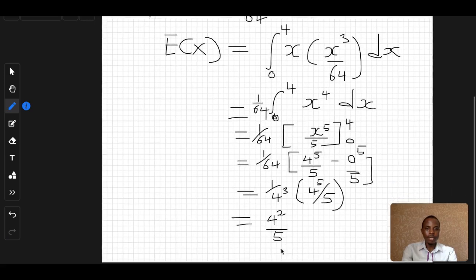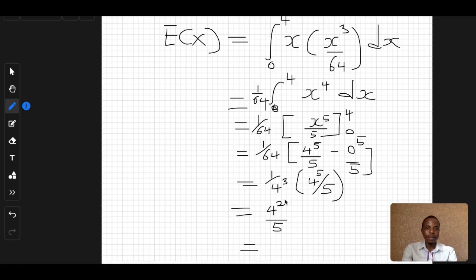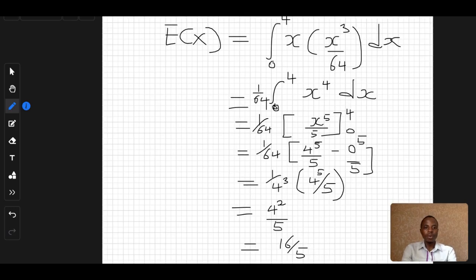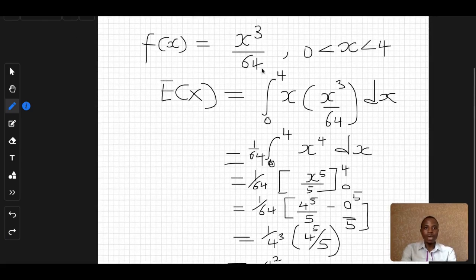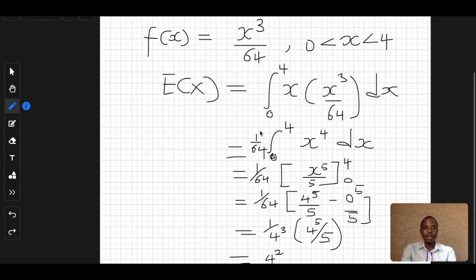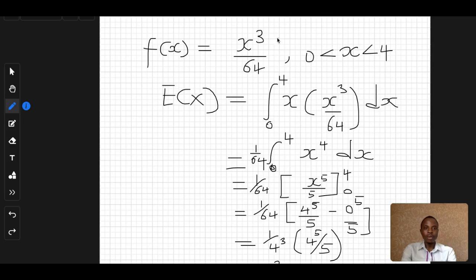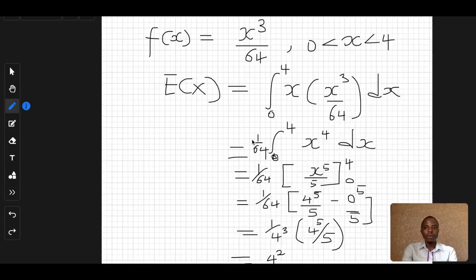So we are now going to have 16 over 5 as our mean. So the mean here is 16 over 5. That's it. I think this example is sufficient to illustrate the expectation for a continuous random variable. You just need to know how to integrate whatever probability density function you are given. Well, that's it.